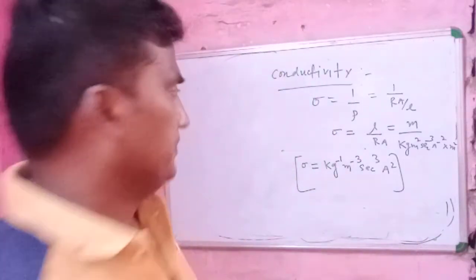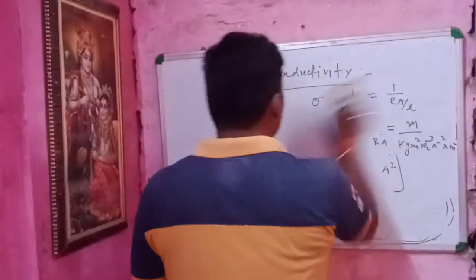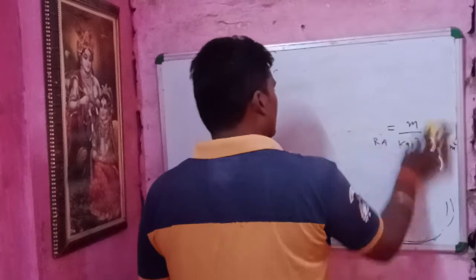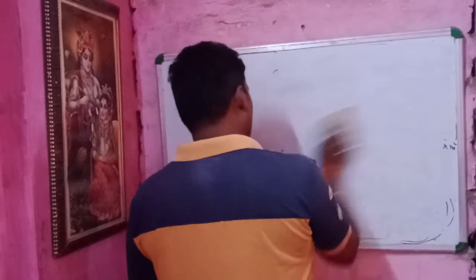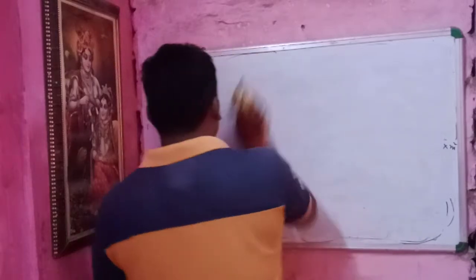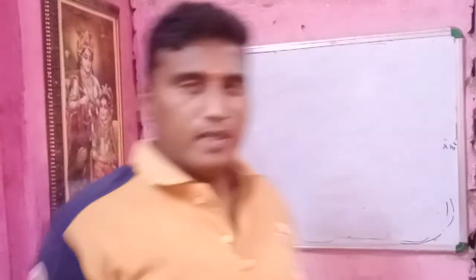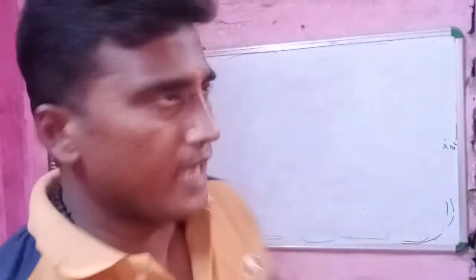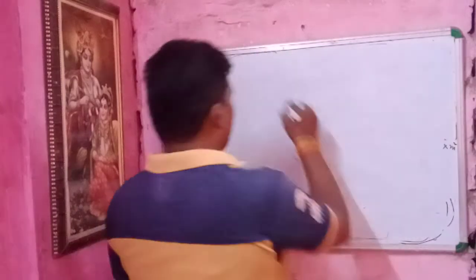Now we discuss another topic, mobility. Mobility is the drift velocity of the charge carrier per unit electric field. It is known as the mobility, and it is represented by mu.